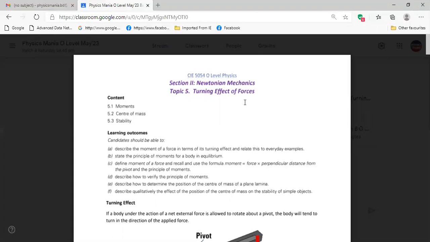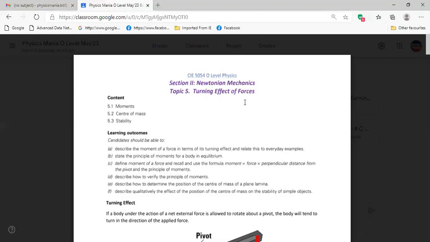In another way, we can say the opposite forces are equal, and the clockwise and anti-clockwise moments are equal. So this is the condition for equilibrium or balance, right?